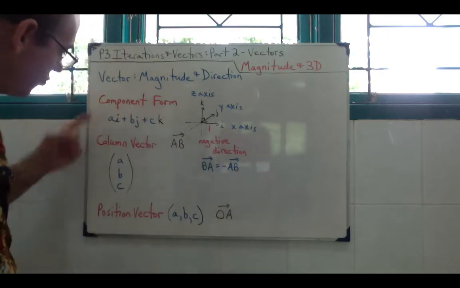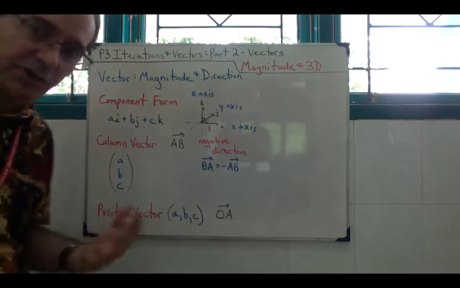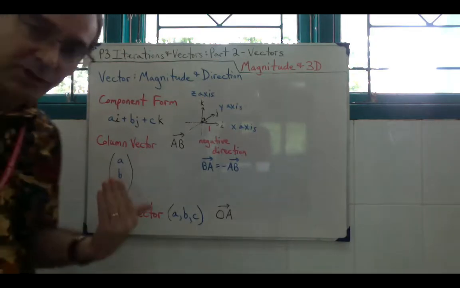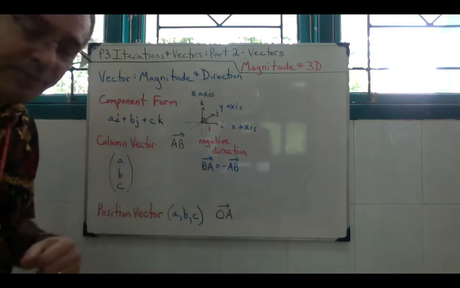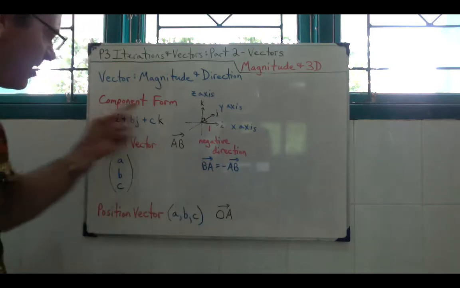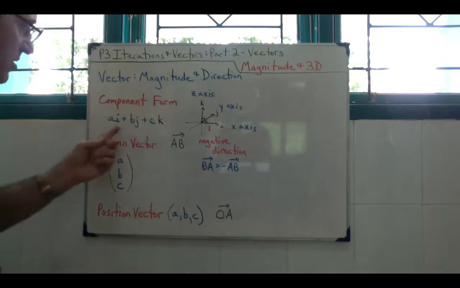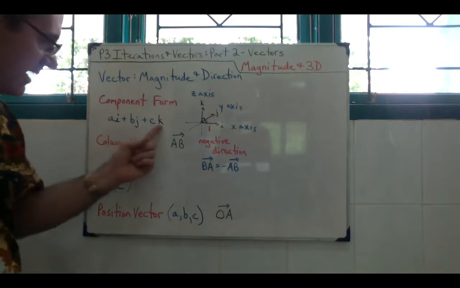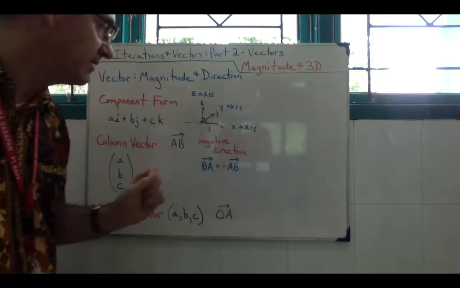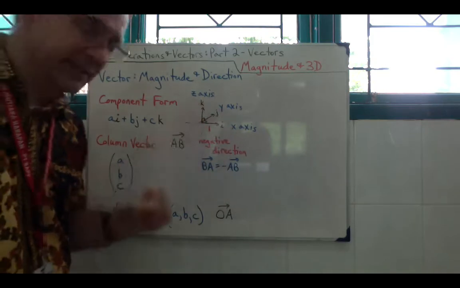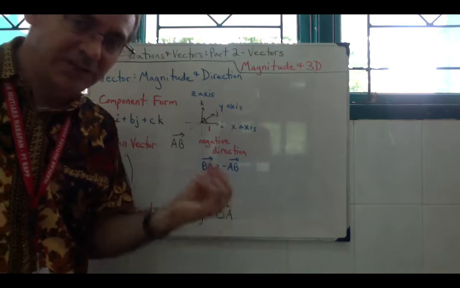So there are two basic forms that you're going to work with, and the question types will present the material in these two basic forms. One is called component form, in which it uses i, j, and k to represent the X, Y, and Z axis. i, j, and k are referred to as unit vectors.